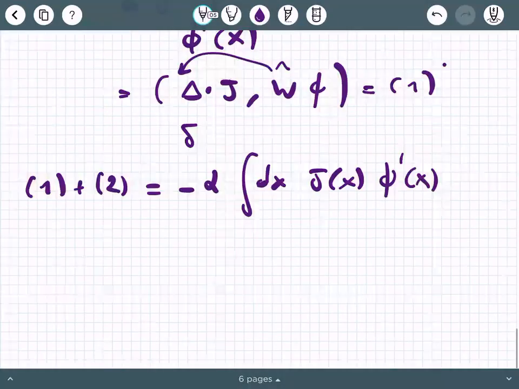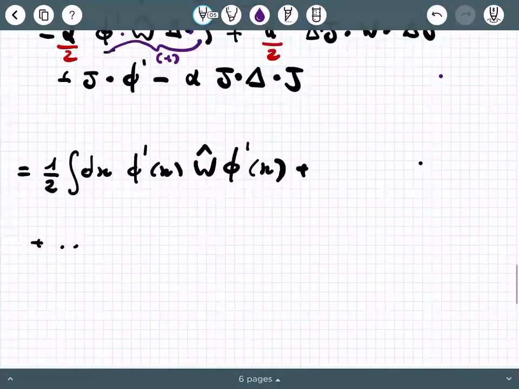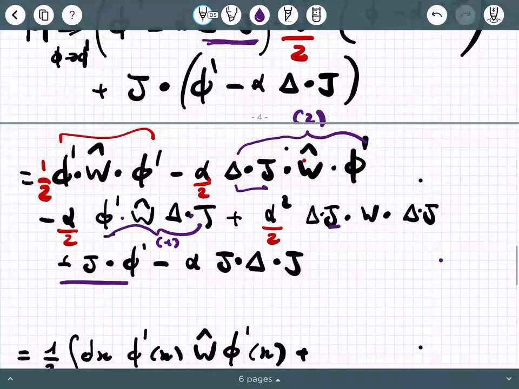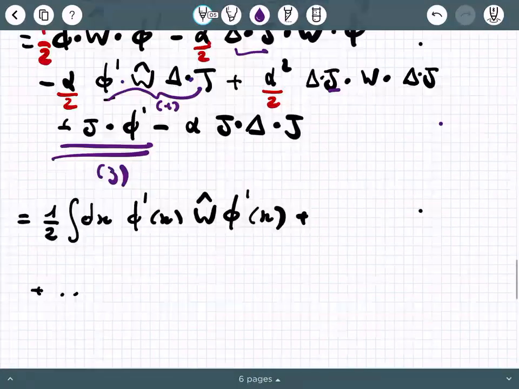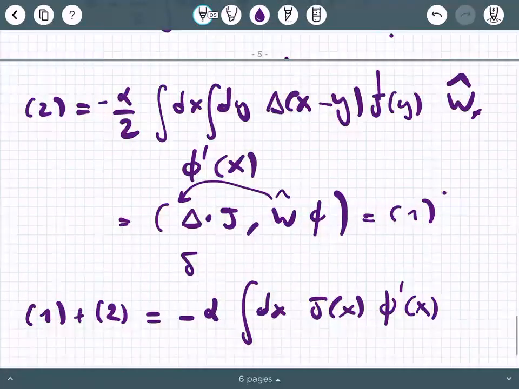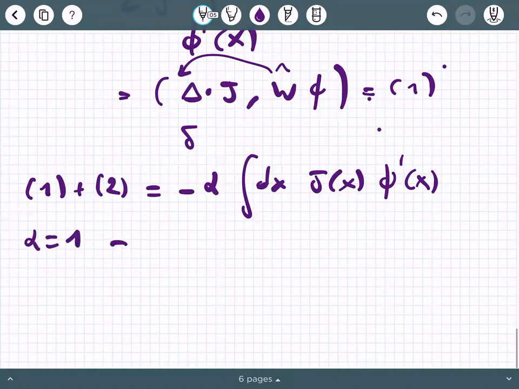Now it's clear what the value of alpha should be, because all I want to do is to cancel out this term that I called 3. Okay? So I will remove all linear terms. So if I set alpha to 1, then 1 plus 2 plus 3 equals 0.